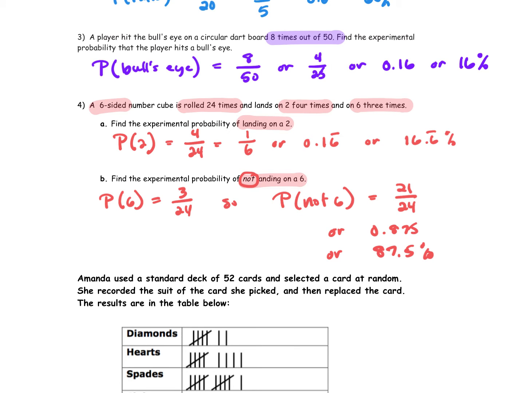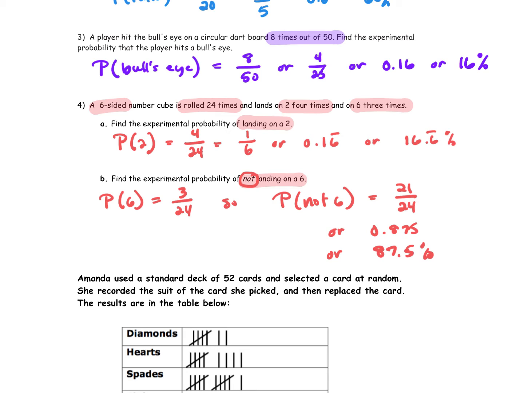For number 3, the event was hitting a bullseye, and when the experiment occurred, it happened 8 times out of 50. So we start with that, and then we can reduce it to 4 out of 25 by dividing both of these by 2. And then to get this decimal, again, you take the top number divided by the bottom number, which leads to this decimal, and you multiply by 100 to get the percent.